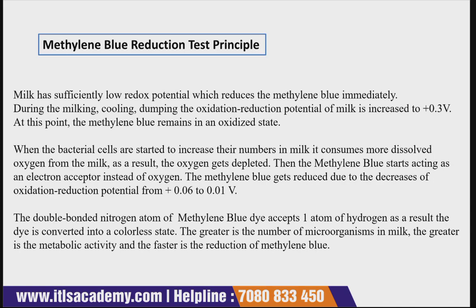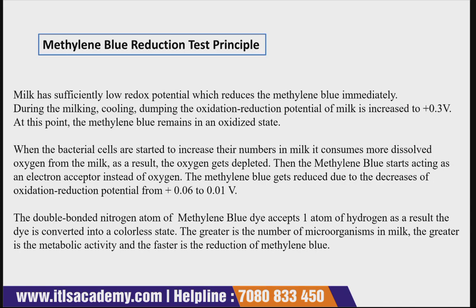Methylene blue is a redox indicator, which loses its color when there is a lack of oxygen. And how does this lack of oxygen take place? Because bacteria utilize this oxygen very fast for their survival.